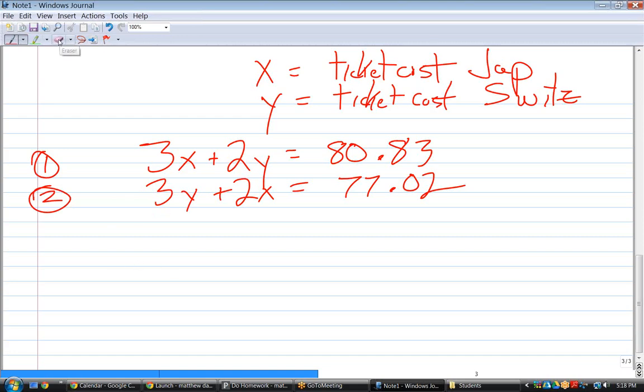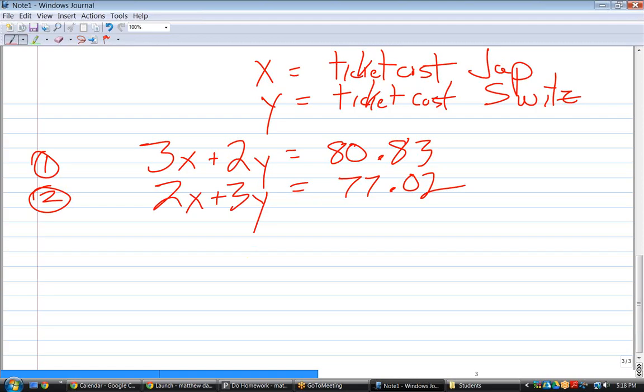First, let's write this the way they said it, which was 3y plus 2x, but I'm going to reverse these 2. Correct? This was what it was? Yes. Okay. I reverse them because I want the x's lined up and the y's lined up.